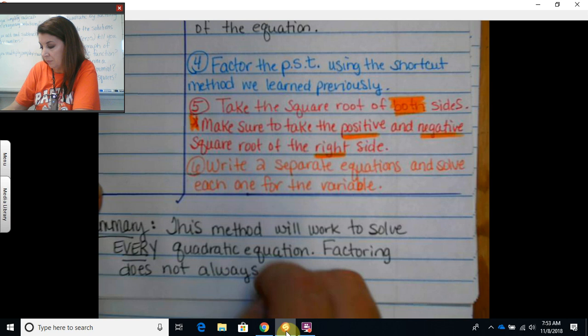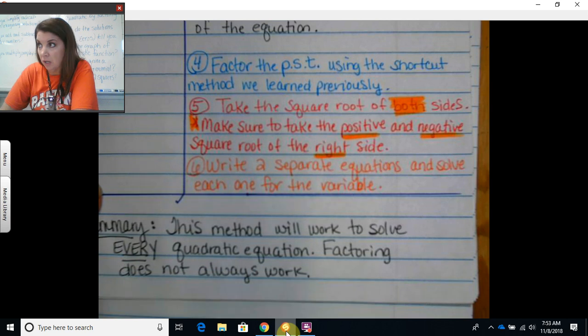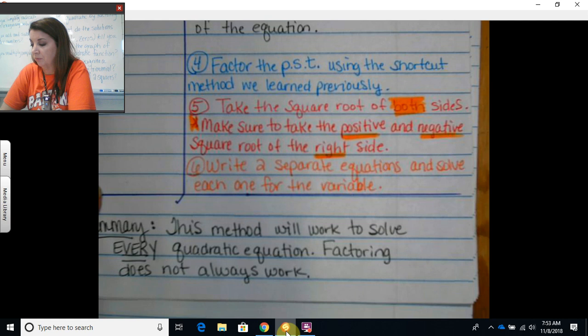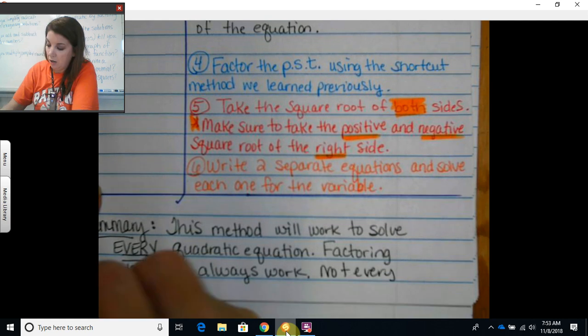If it's factorable, it works, but not every problem's factorable. I'll put that in. Not every problem is factorable.